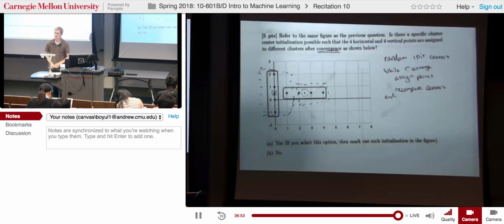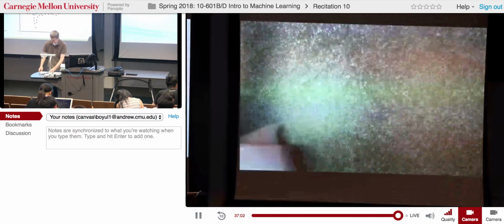I find the wording of this problem very confusing. I thought it was asking us to come up with an initialization of centers that would lead to a different convergence. Yes, yeah.